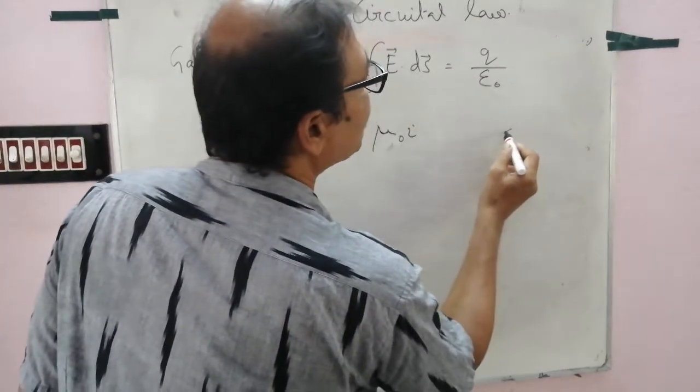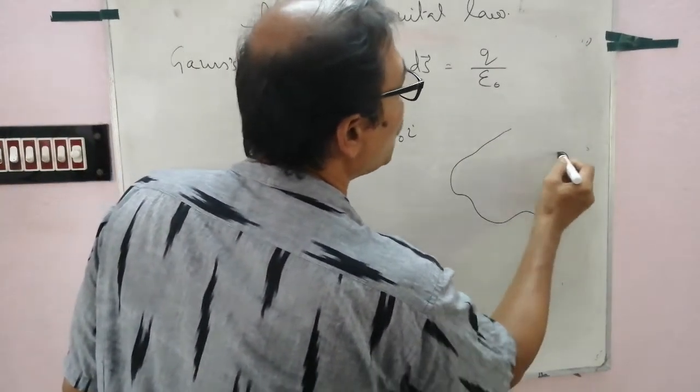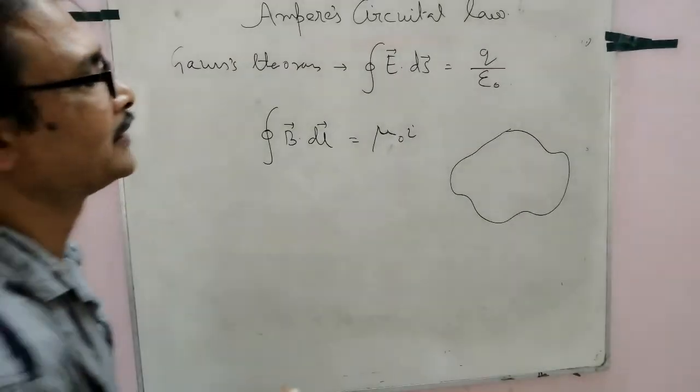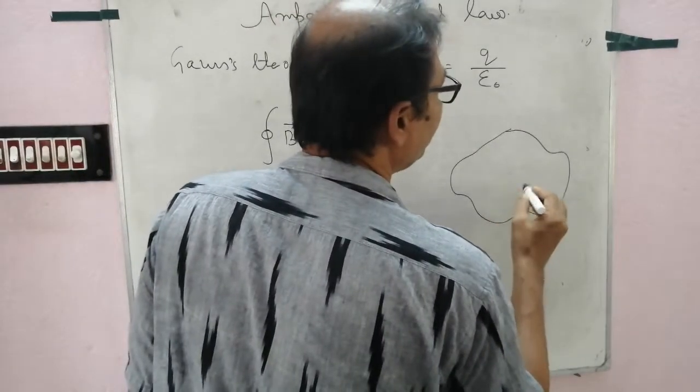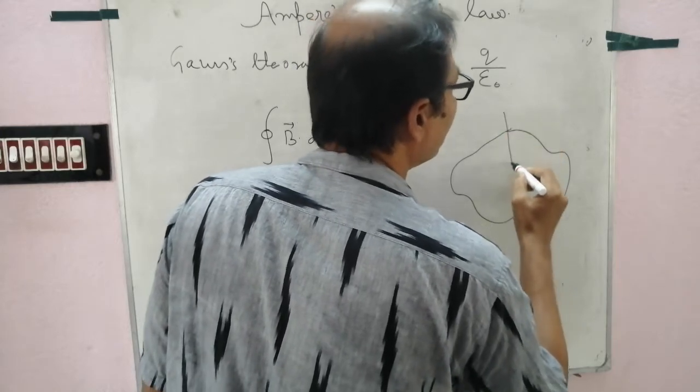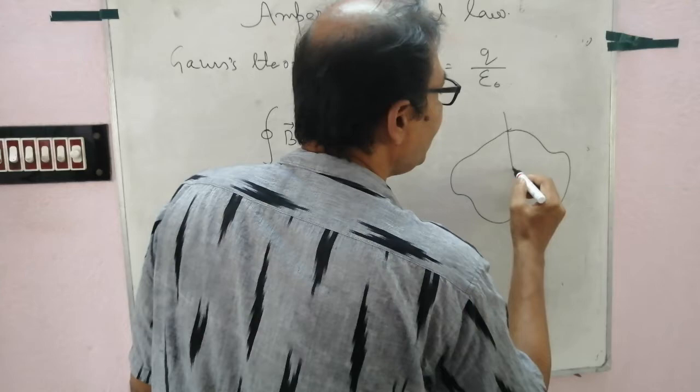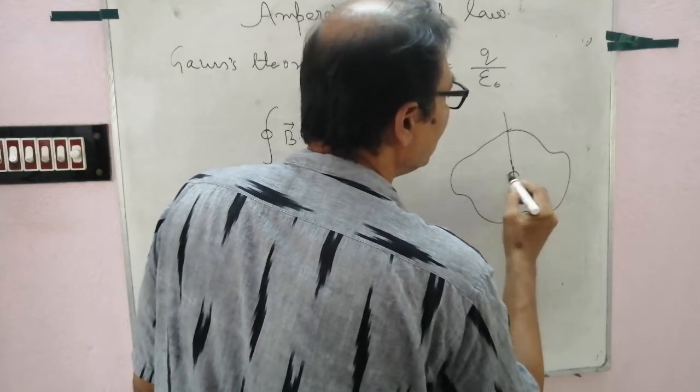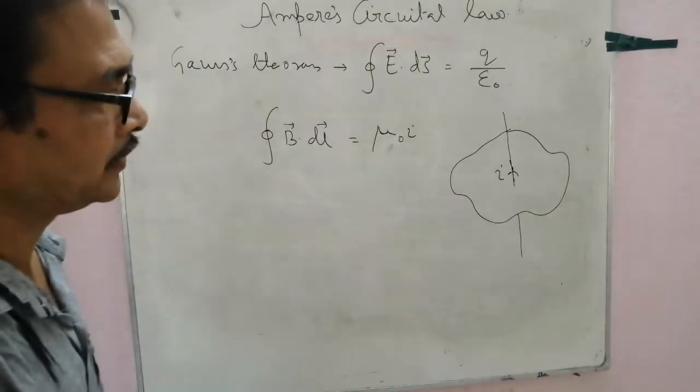Follow. Suppose this is a closed loop or path and this is a current carrying conductor.